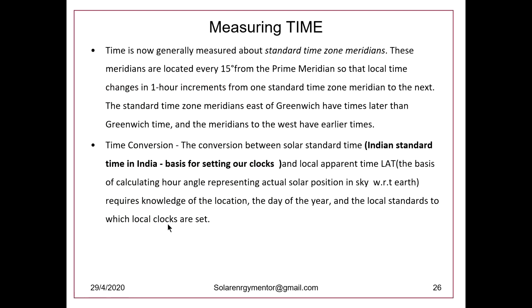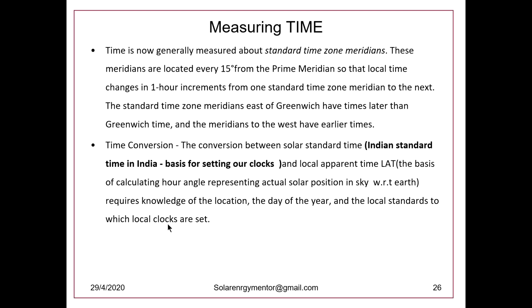Time conversion: the conversion between solar time and standard time, so Indian standard time in India, is the basis for setting our clocks. Our clocks are all set on a standard time basis. All our clocks show Indian standard time, that is called local standard time. And then another time is local apparent time, LAT.